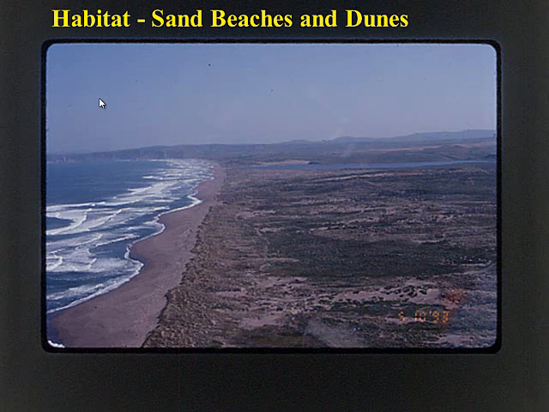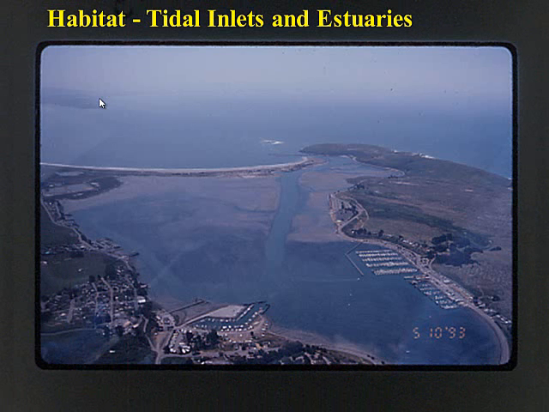Lots of T&E species, least terns, snowy plovers, often nest out there. It's usually a big haul-out area for pinnipeds as well. Tidal inlets and estuaries, migratory waterfowl and other migratory birds stop there. Herring and eelgrass can also be found. That is actually Bodega Bay. Can you recognize that?